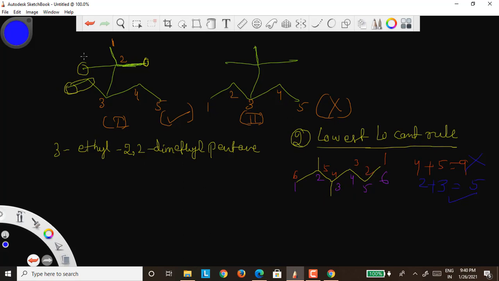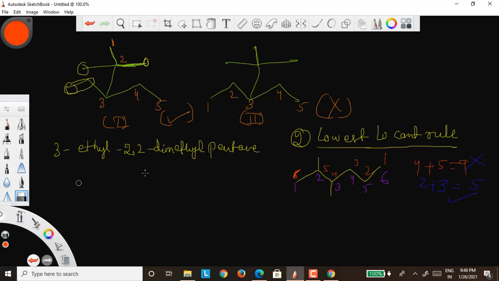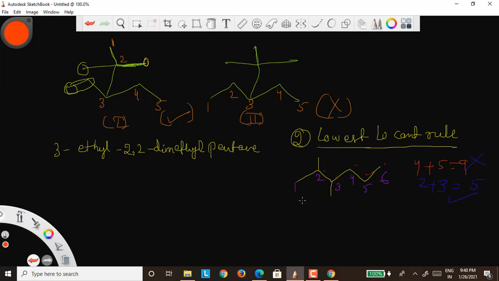So the name of this will be, let us delete the wrong numbering, the red one. Let us take only the blue one. This numbering is correct. So while numbering, you should use a pencil so that you can clean and rub.